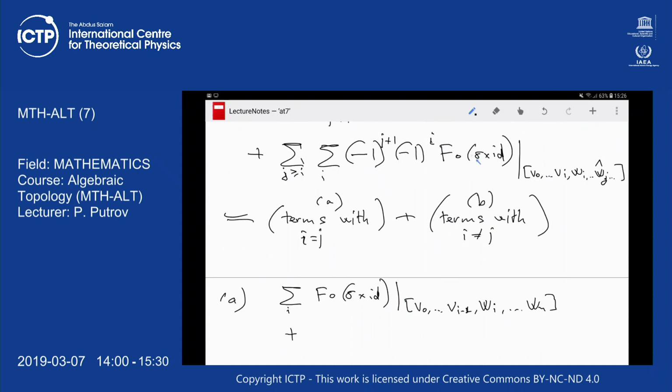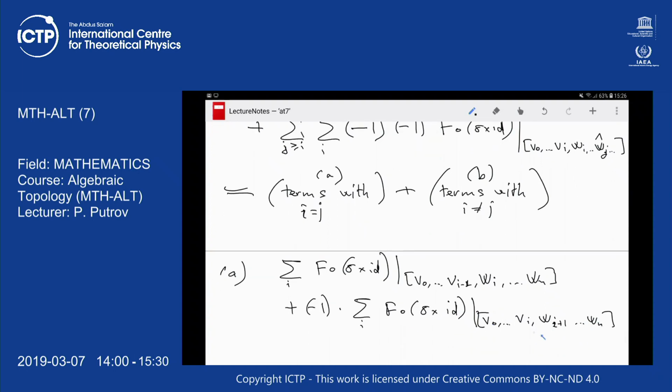And from the second double sum, when J equals I, this will be actually minus 1, sum over I, F sigma times identity. Here again, J is the same as I, so this will look like V0 till VI, and then I start with I plus 1 and go to W. But now we see that this is actually the same as this, just I is shifted by 1.